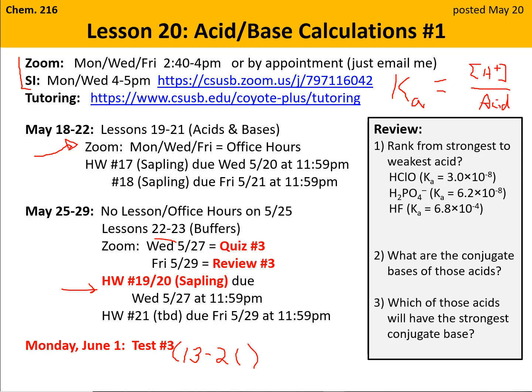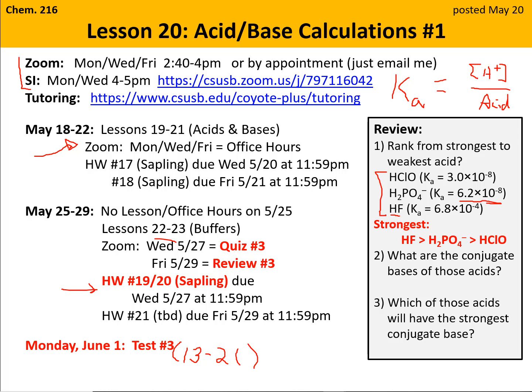So the bigger Ka is, the stronger it is. So if I look at these three acids, they're all weak because they all have fairly small Kas, but HF has the biggest Ka, so that's the strongest. Then H2PO4 minus has the second biggest Ka, and then finally HClO.